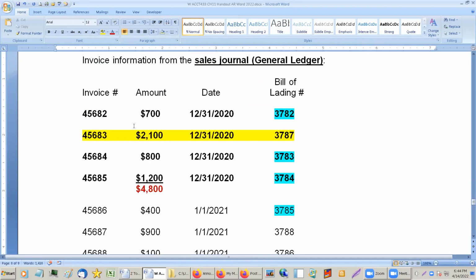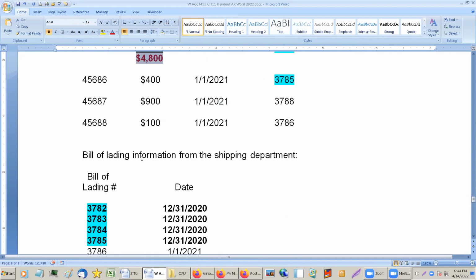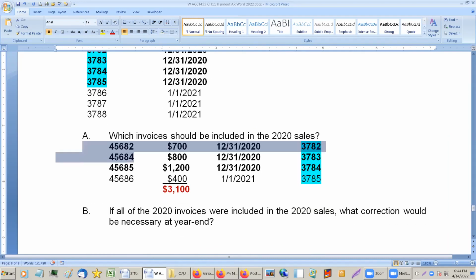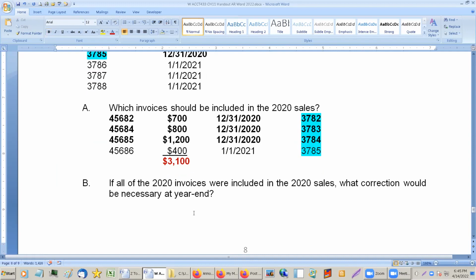Okay, so they have these four. They really should have had these four as the actual sales, so 3,100. So what would be the correction necessary?